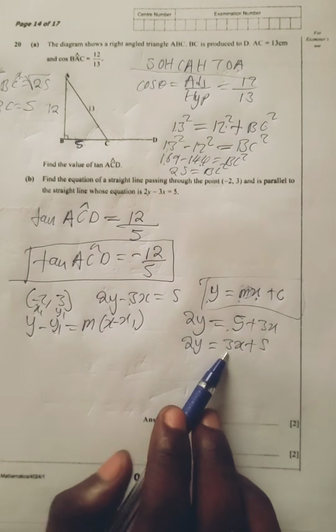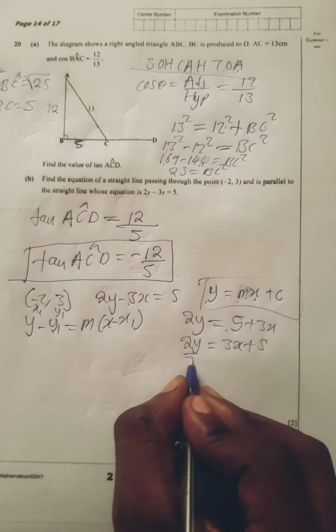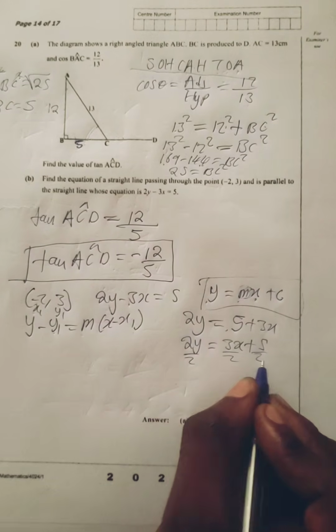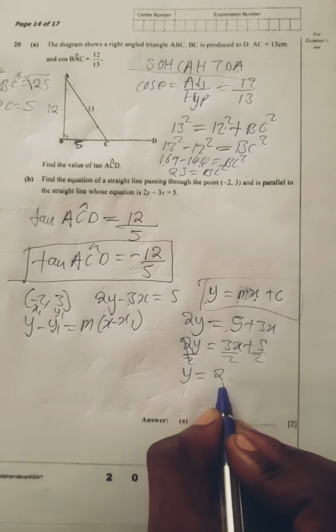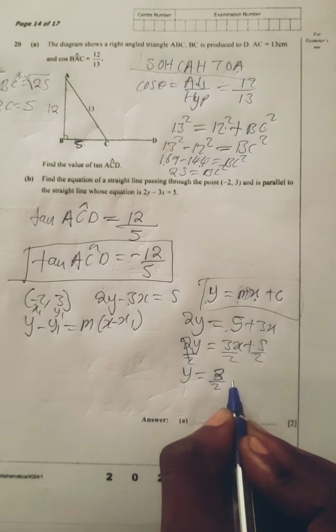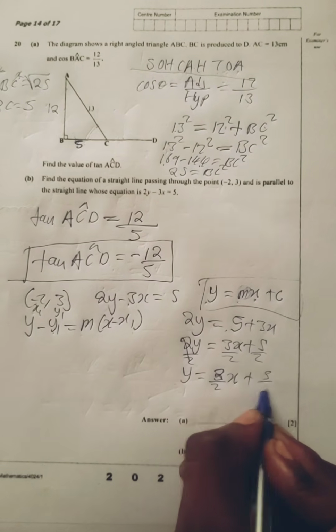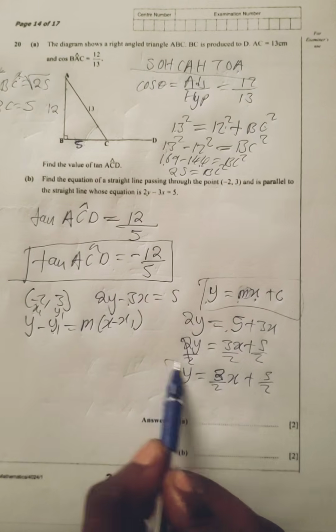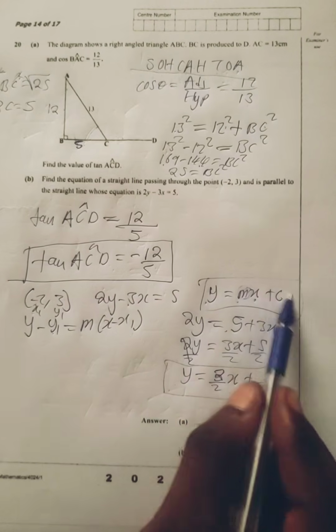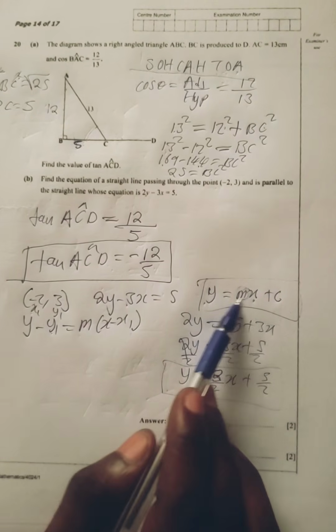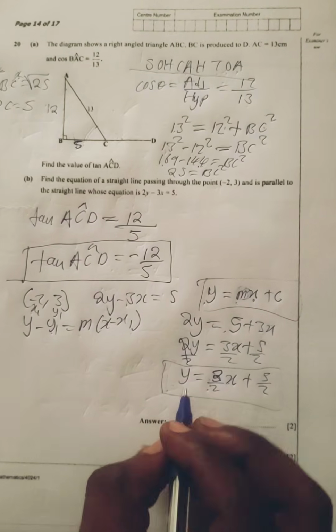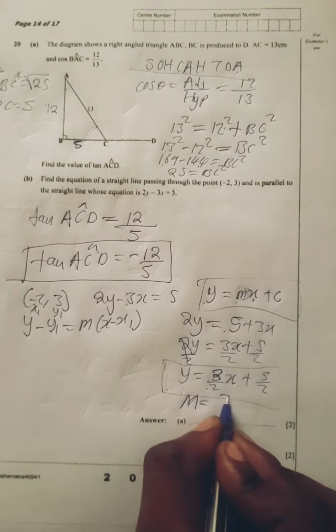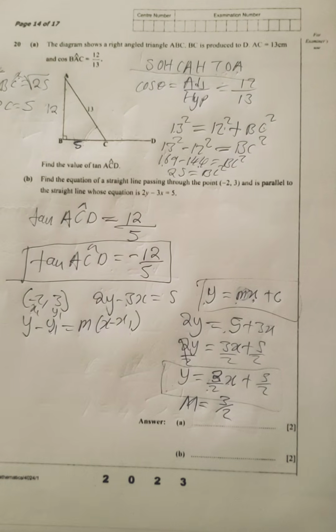We need to make y the subject, so we divide by 2 throughout. So y is equal to 3 over 2 x plus 5 over 2. Now see that this looks like this. Our m is our gradient, the one with x, which is 3 over 2. Therefore our m is equal to 3 over 2.